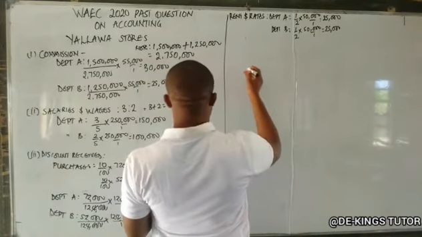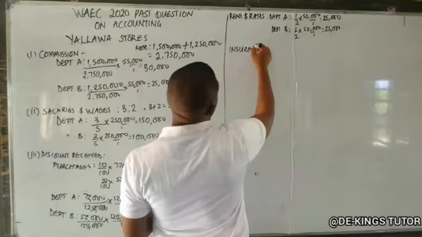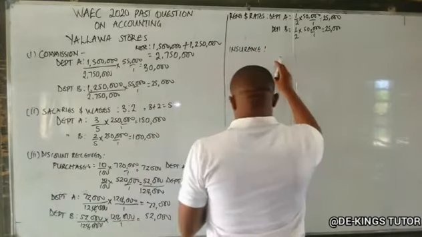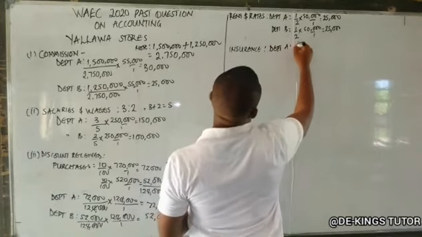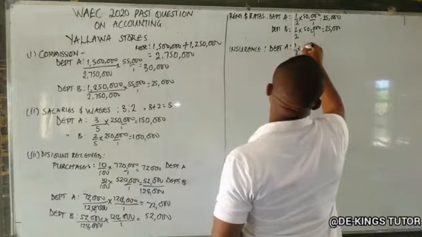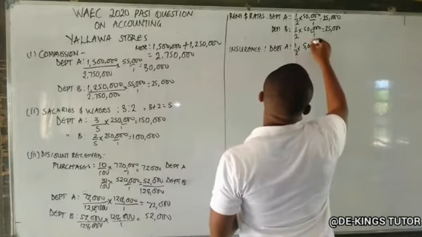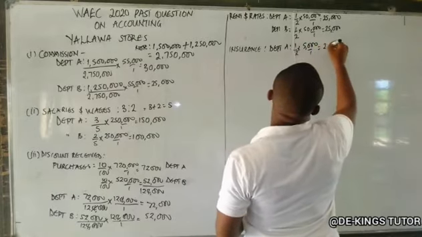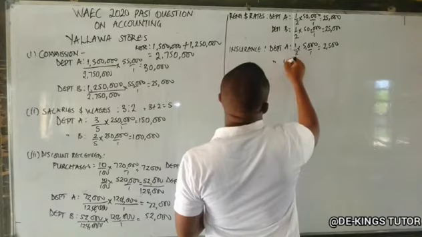For Department A, all these other ones are equal. It's half. How much of the insurance was paid? 5,000. So half of 5,000 is 2,500. The same thing for Department B, half of 5,000 is 2,500.